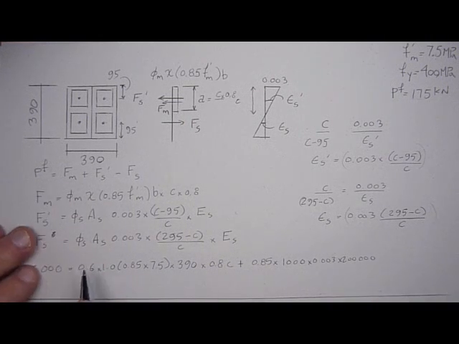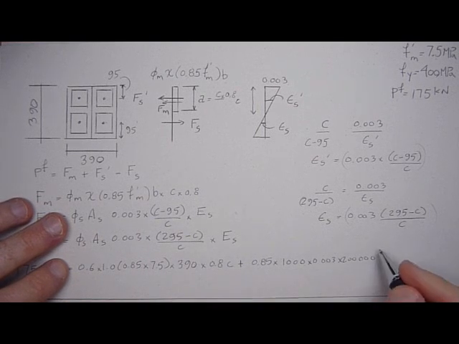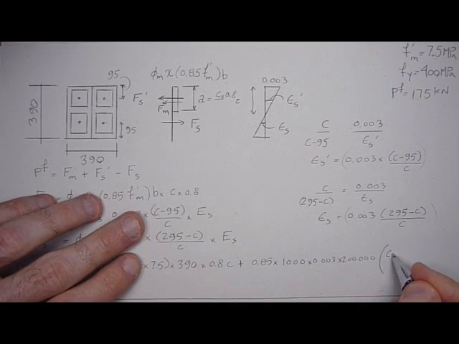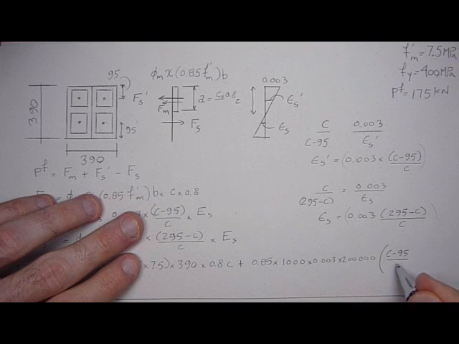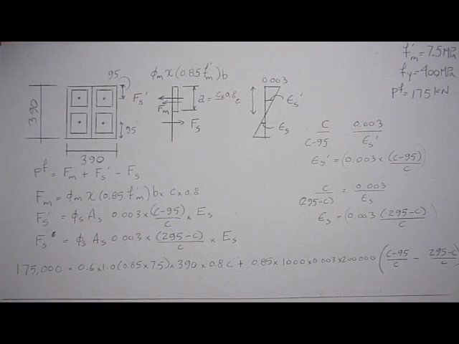Well, we could actually note that these terms are the same, these are common, so we can put that in brackets and say C minus 95 over C minus 295 minus C over C. And we could further simplify it, we could say that 175,000 is 0.6 times 0.85 times 17.5 times 390 times 0.8.